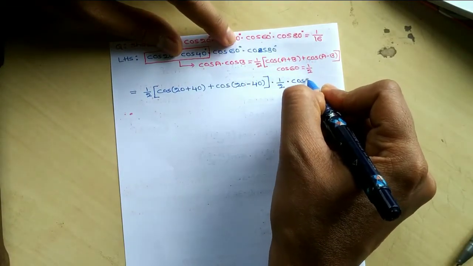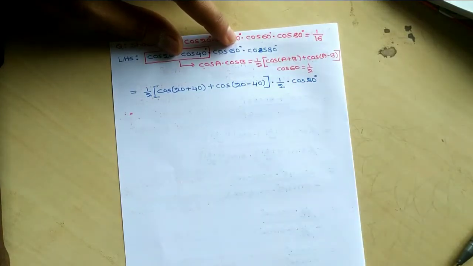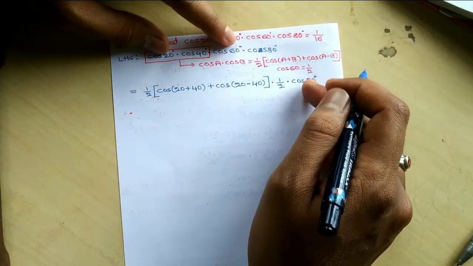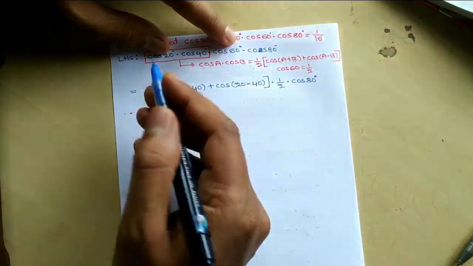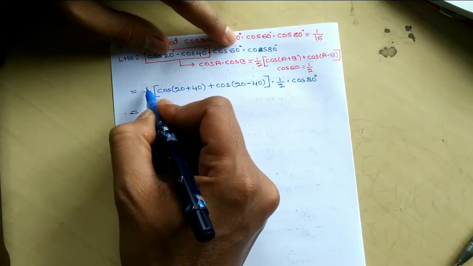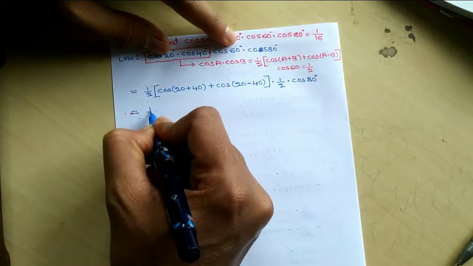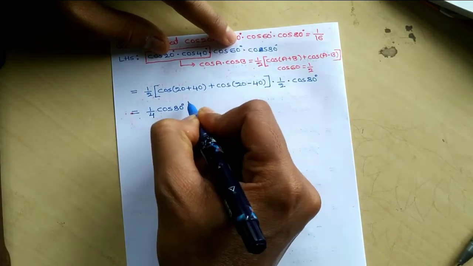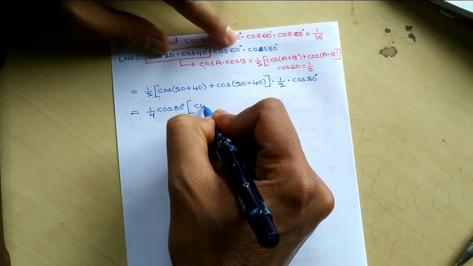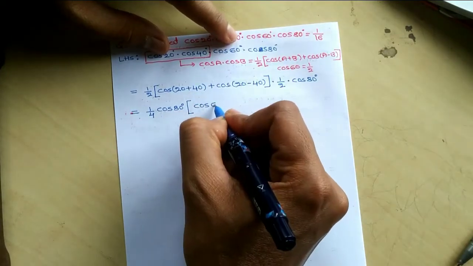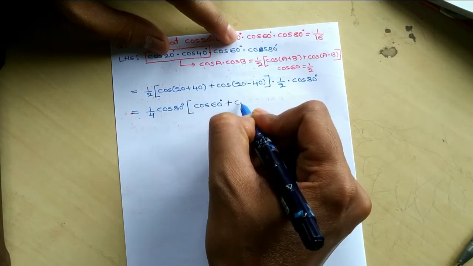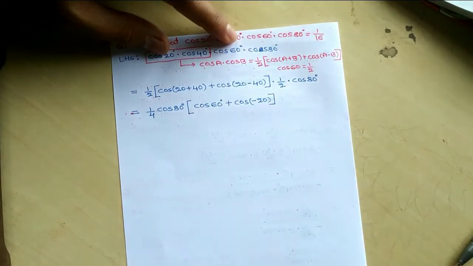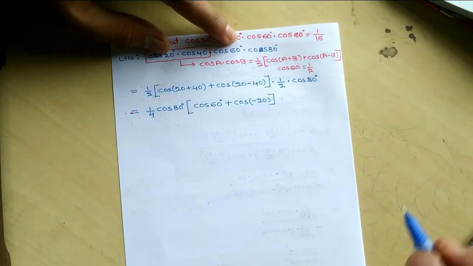Cos 80 degree I am going to keep as it is. So 1 by 2 into 1 by 2 you multiply, that is 1 divided by 4 into cos 80 degree. Here I am going to keep it in bracket. Next, cos 20 plus 40 is 60 degree plus cos 20 minus 40 is minus 20 degree. Correct? 20 minus 40 is minus 20.